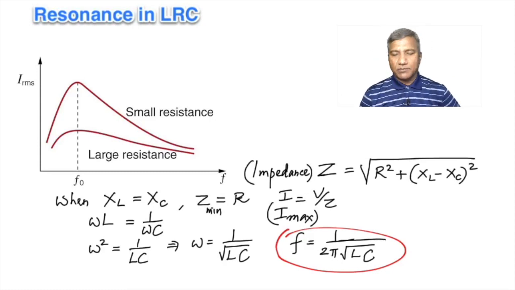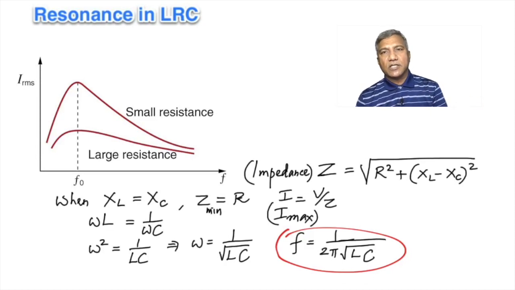Let me ask you something. Does the resonant frequency depend on the value of the resistance? No. There's no resistance in this formula. So the resonant frequency does not depend on the value of the resistance, but how big the current is at resonance depends on the resistance.